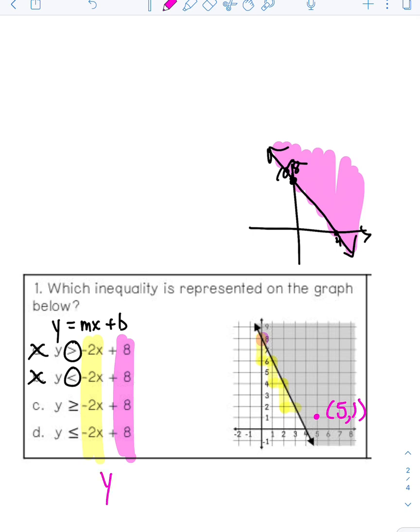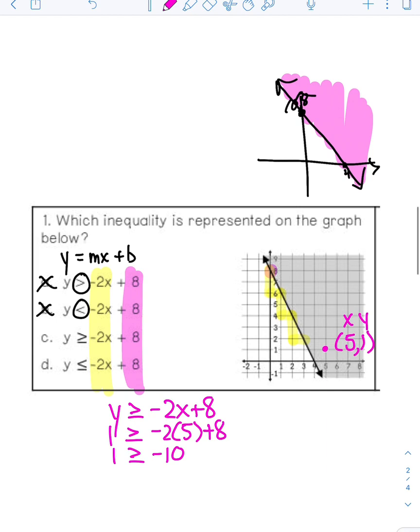So I have y is greater than or equal to -2x plus 8. x is 5, y is 1. So 1 is greater than or equal to -2 times 5 plus 8. So 1 is greater than or equal to -10 plus 8. 1 is greater than or equal to -2.